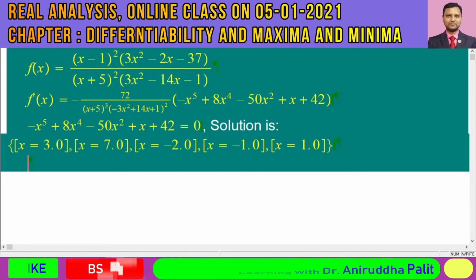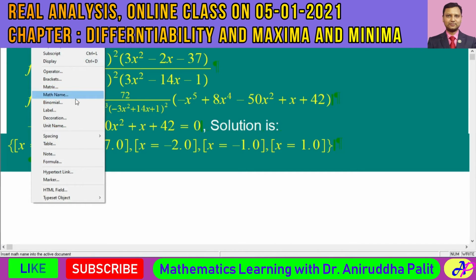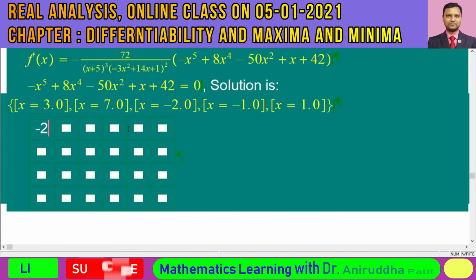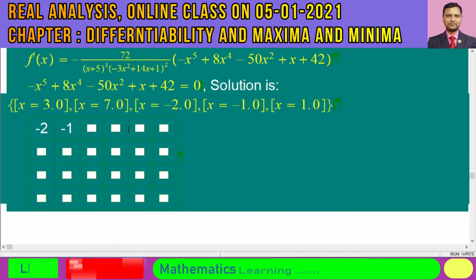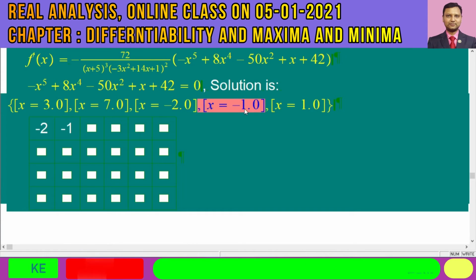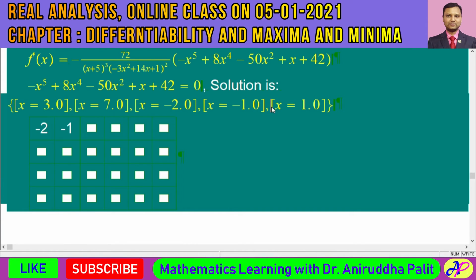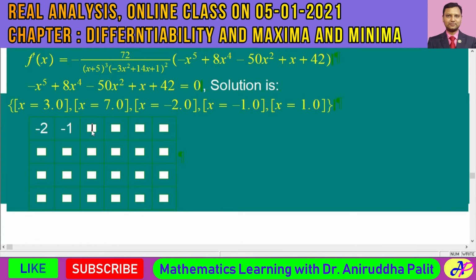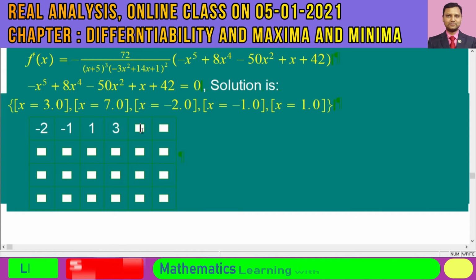So I am trying to draw a table for you. The smallest value is -2, then -1, and then +1. So x equal to 1 is the next value, then x equal to 3, and then x equal to 7.